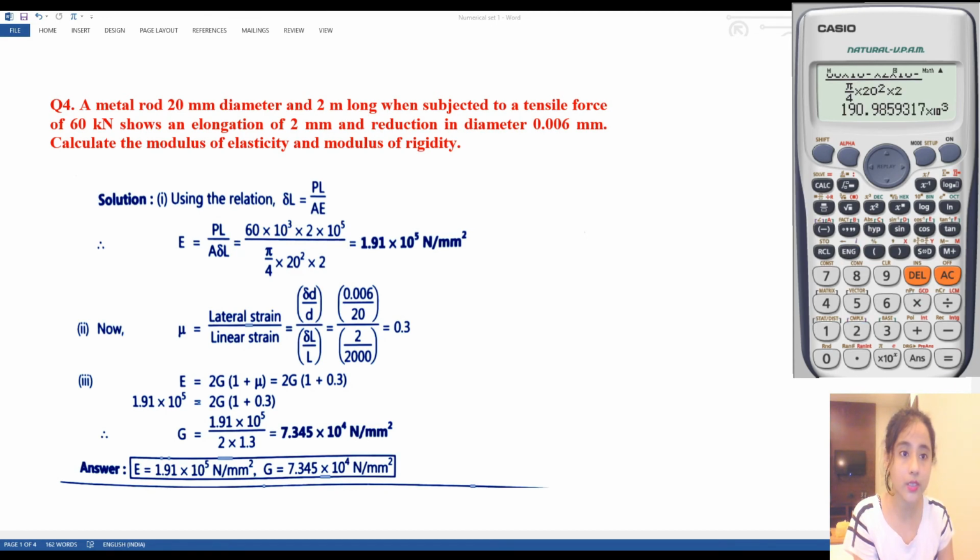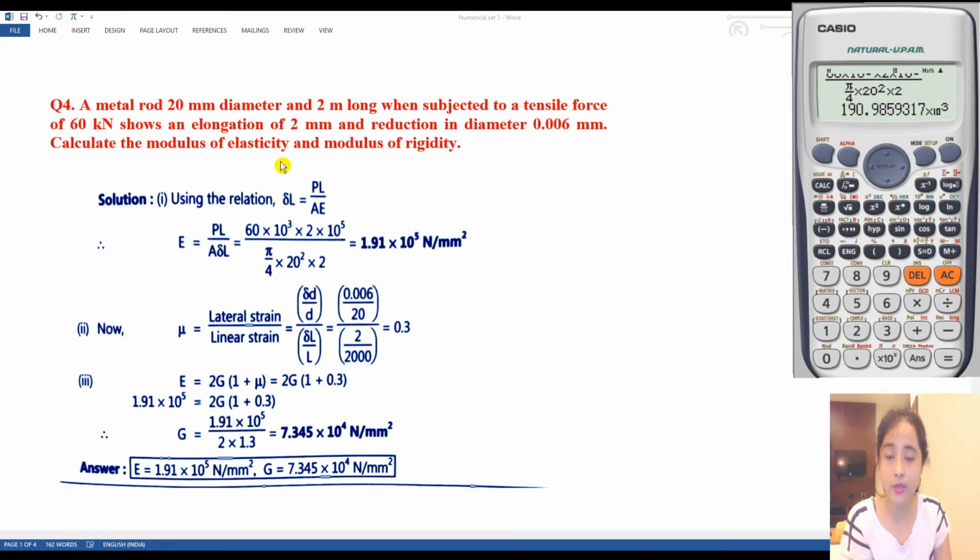So we're getting 190.9 into 10 raised to power 3. Now if we move this decimal point in front, it will be 1.9. We'll convert this 9 to 1 here. So it will be 1.91 into 10 raised to power 5. So we have 1.91 into 10 raised to power 5 Newton per mm square. Now we have found the value of modulus of elasticity.